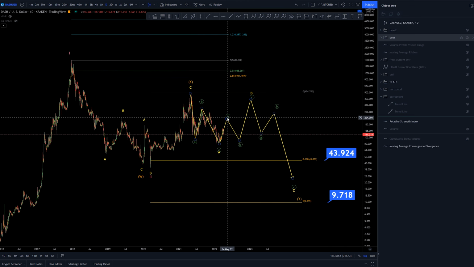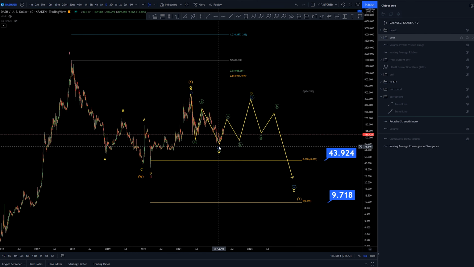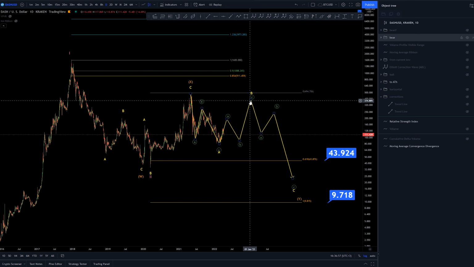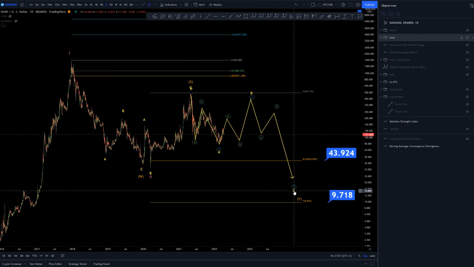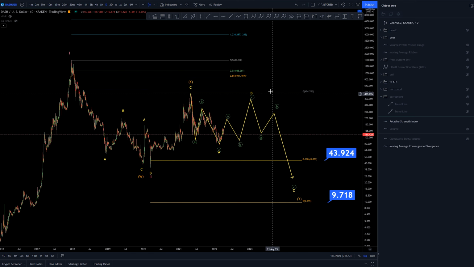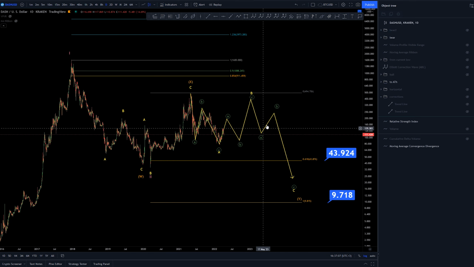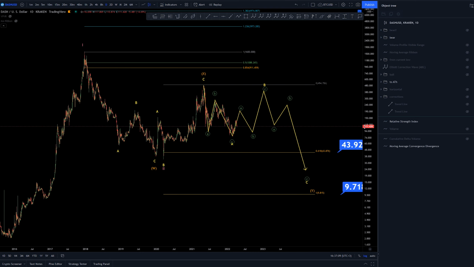If we are climbing higher correctively, this would be the A, B and C into the B of minor before we start heading down for C. Now if this is a C wave, we would see 5 waves here. I've just had it labeled as 3 waves, but we will see what happens.